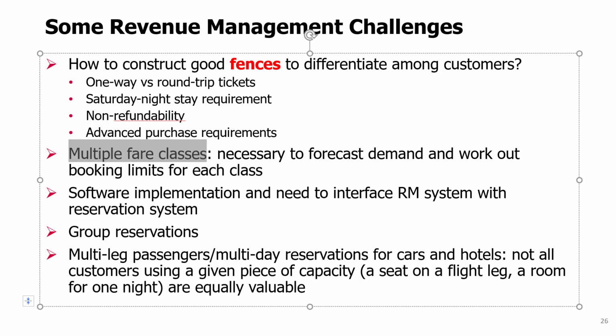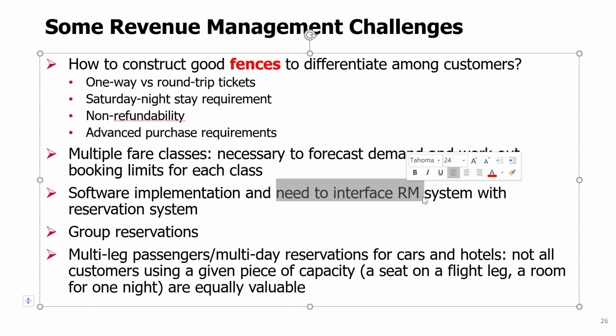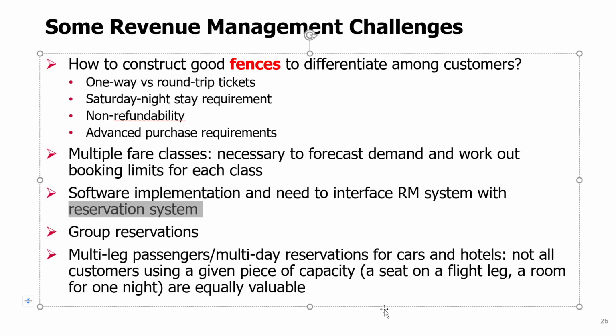When you have multiple fare classes, demand forecasting is made more complex because you have to forecast demand for each fare class and then work out booking limits for each class. Software implementation can be challenging because you need, for example, a revenue management system to have an interface with your reservation system, right?